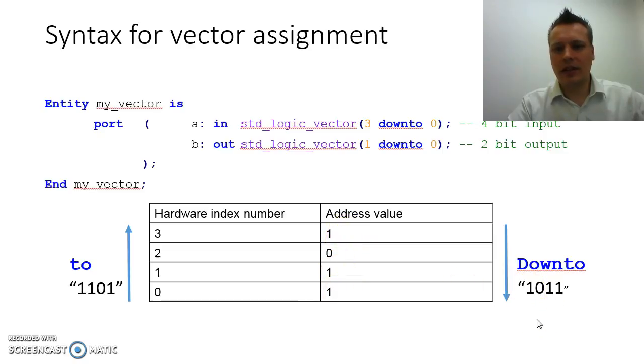Note that both declarations are possible. If you use the to declaration, then the first value needs to be lower than the second value. So there's low to high, or high down to low. Basically, in the hardware community, the down to variation is the most used one.